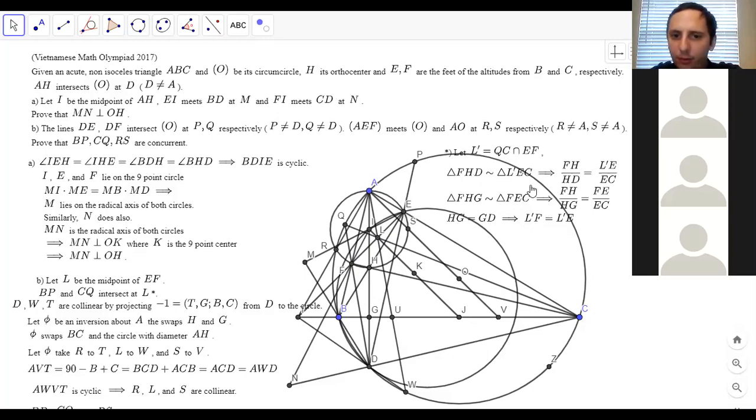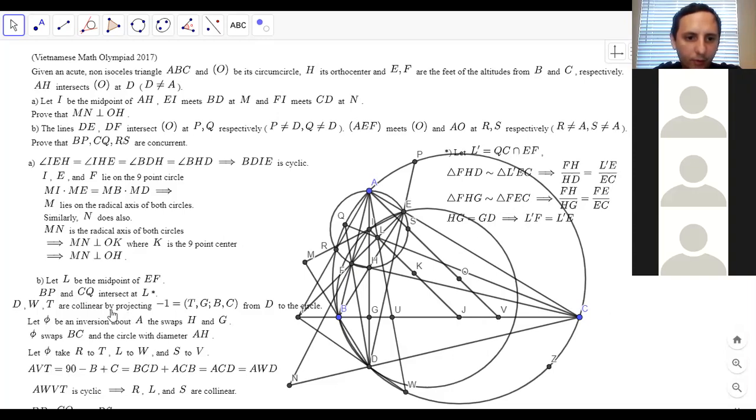And then he found two different similar triangles, and then he combined the ratios, and he found that L prime F was L prime E. So L had to be the midpoint of EF. And so that means that CQ intersects EF at the midpoint. And then we could use the same argument to show that BP intersects EF at the midpoint. And so CQ and BP intersect at the midpoint of EF.